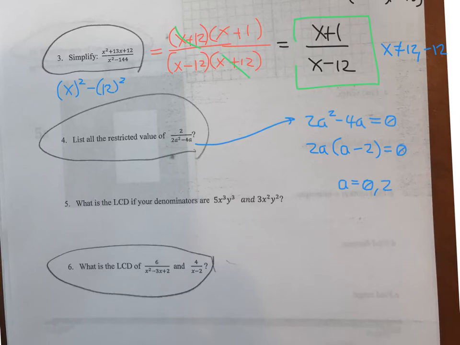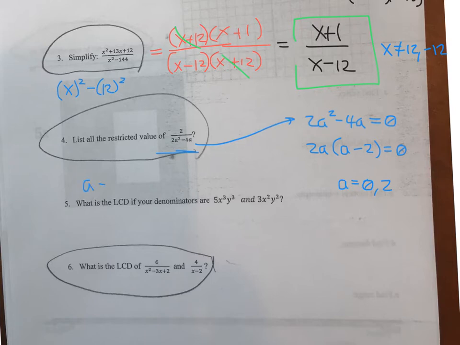Even though we went off to the side and did this little equation, these are the restrictions of this expression right here. So if you want to impress your teacher, you could write, the restricted values are a equals 0 and a equals 2.